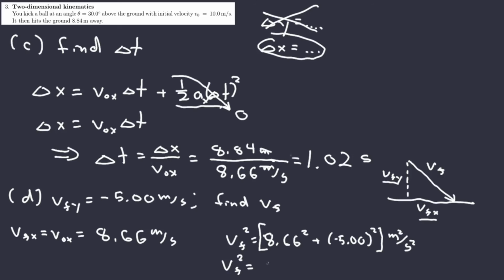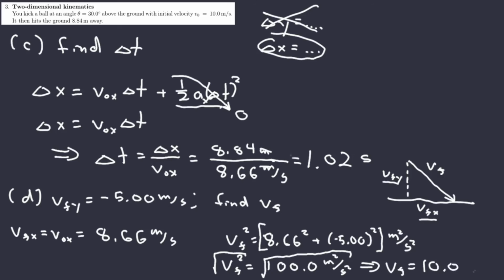If I put this in my calculator, what I end up with is about 100 meters squared per second squared. And then I need to take the square root of both sides, which will give me v final is equal to 10.0 meters per second.